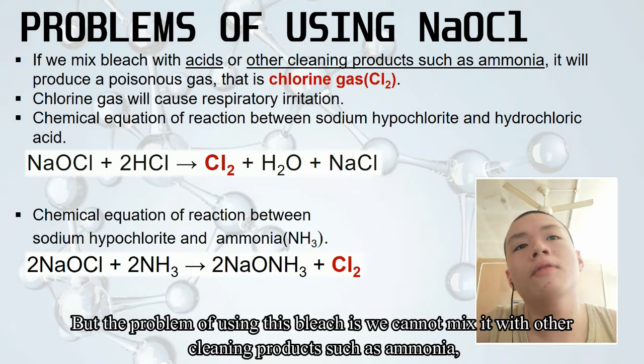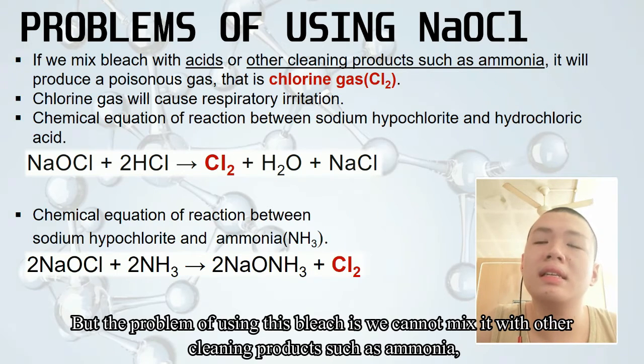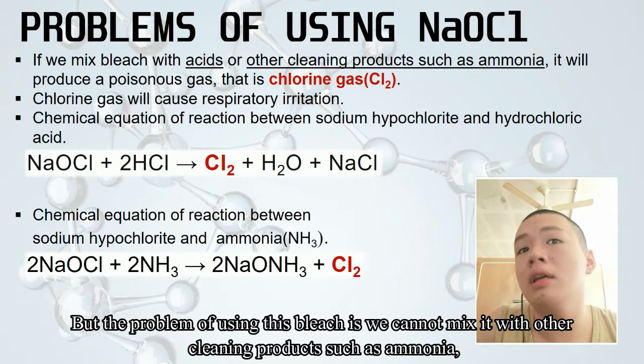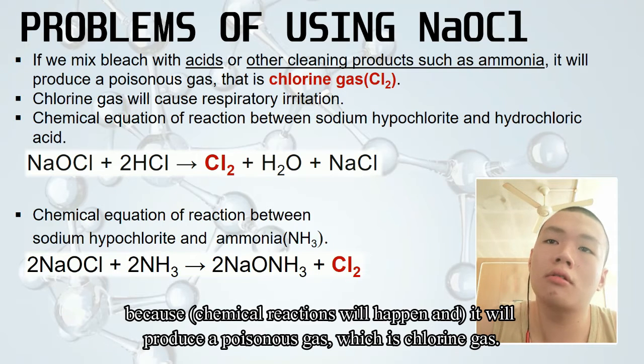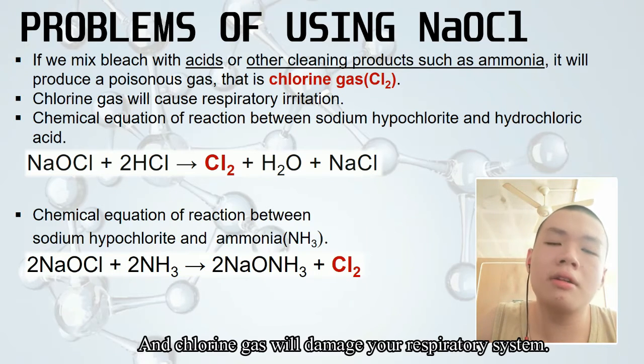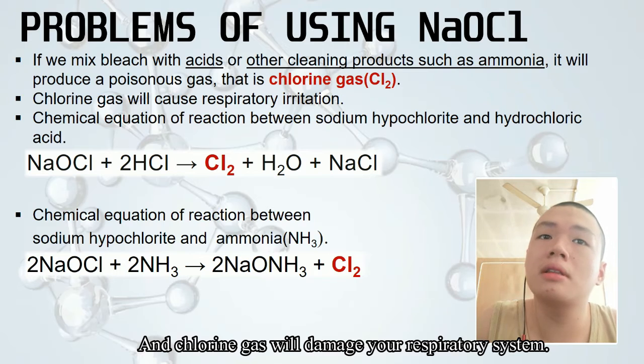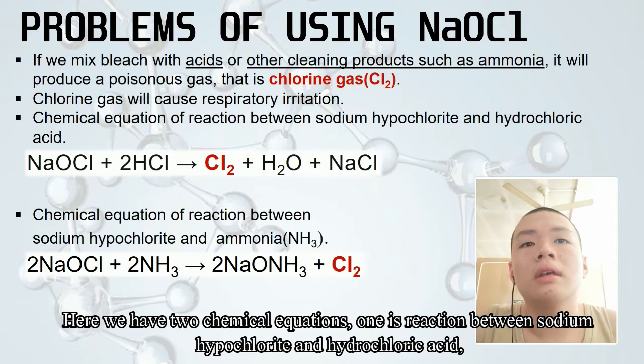But the problem of using this bleach is we cannot mix it with other cleaning products such as ammonia, because it will produce a poisonous gas, which is chlorine gas, and chlorine gas will damage your respiratory system. Here we have two chemical equations.